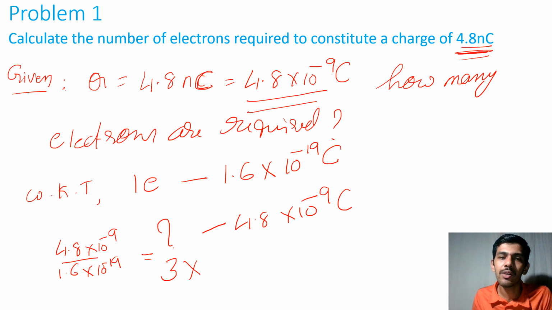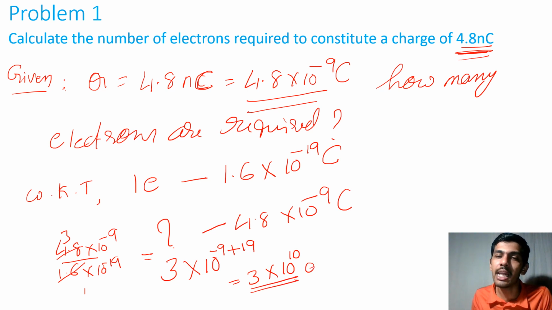So 3 into 10 to the power of minus 9, and minus 19 is in the denominator. When it goes to the numerator, it becomes plus 19. So we can write 3 into 10 to the power of minus 9 plus 19, that is 10. So the answer is 3 into 10 to the power of 10 electrons.